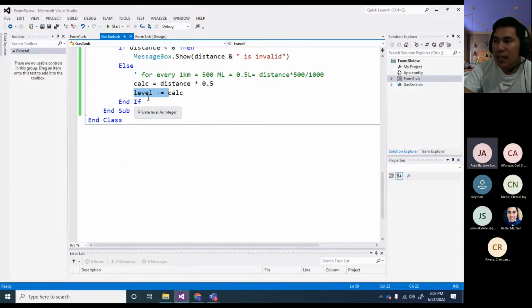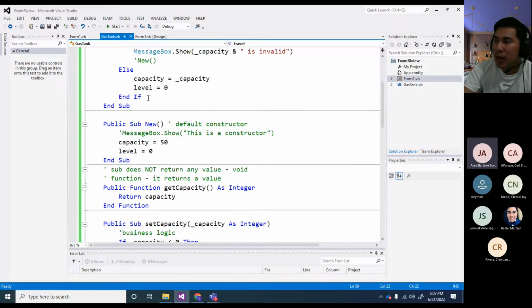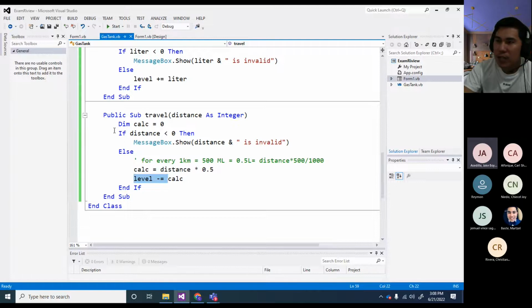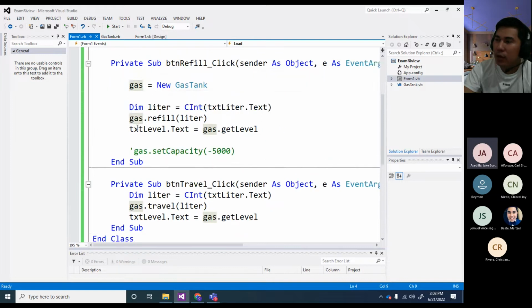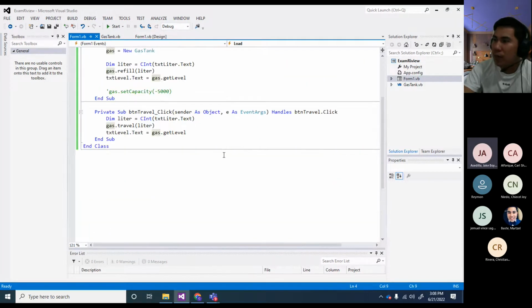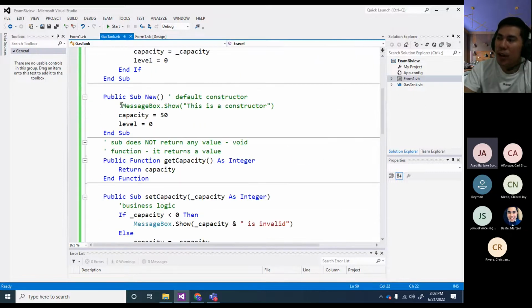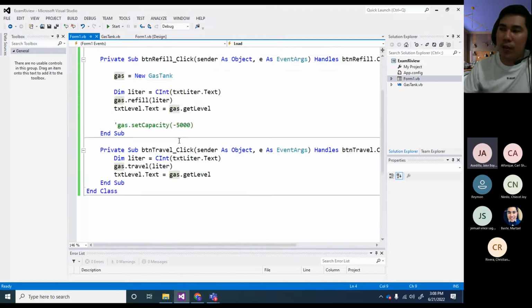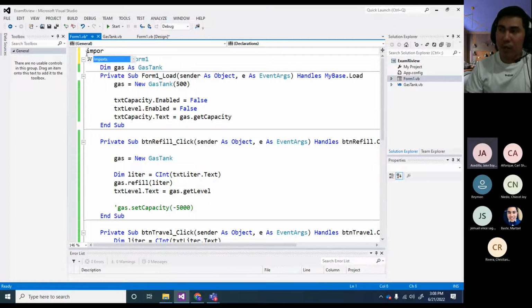what I want you to appreciate is this tank that we encapsulated. You can put conditions or more conditions in here, which are actually hidden inside. If you noticed, the code in your form is only like this. Assuming you made this into an API, you just import it and all you need to do is call it here. So you just import, which is what we would do in the future.